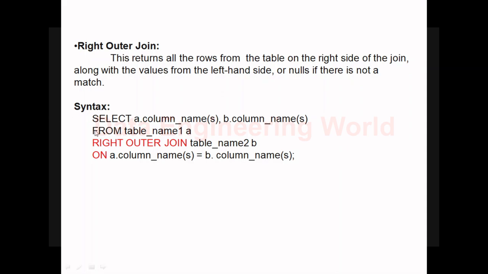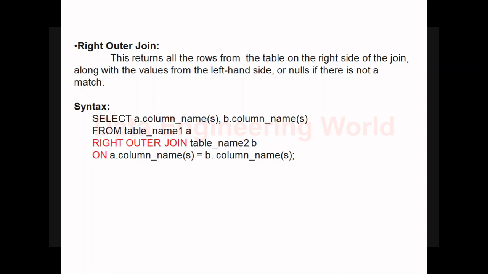So here's the syntax. We just need to change the keyword from left outer join to right outer join. Rest of the syntax remains the same. We can qualify the columns using the alias from any of the tables which are being used in the join operation based on a common column which is being used in the on clause.